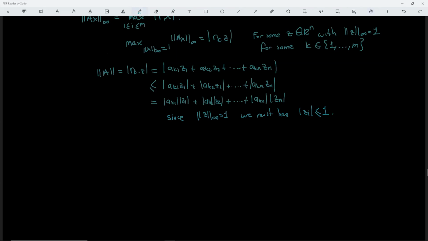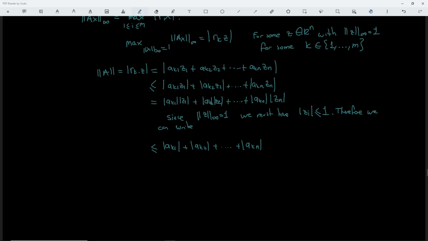Therefore we can write that that sum is less than or equal to the absolute value of ak1 plus the absolute value of ak2 plus up to the absolute value of akn. So that is the sum of the absolute values of the elements of the kth row of the A matrix.